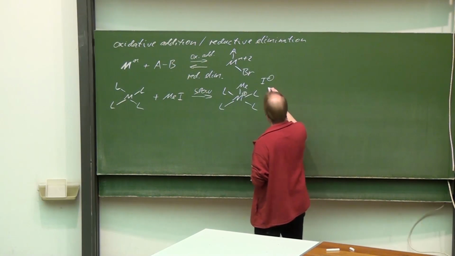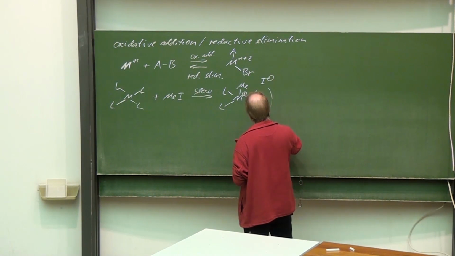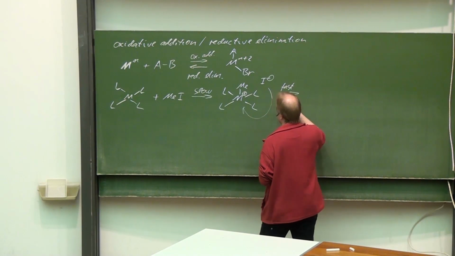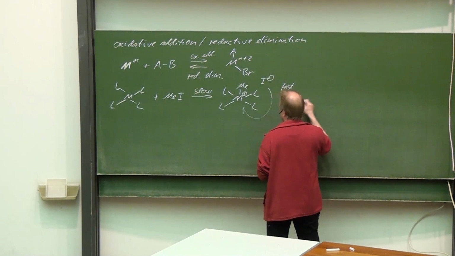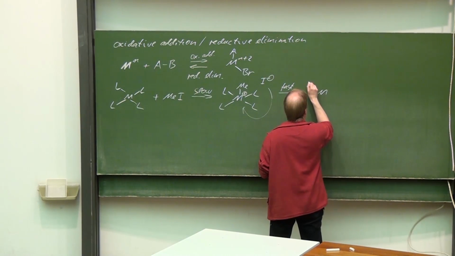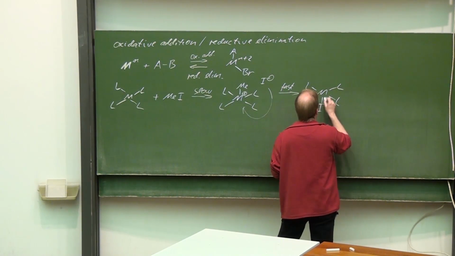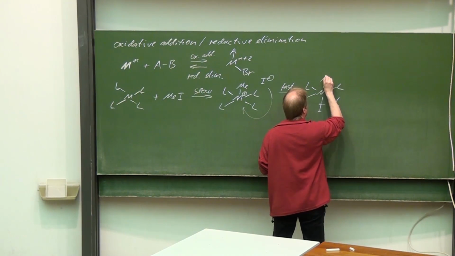So, and the fast reaction step should be the next one, where the iodide then also coordinates to the metal.